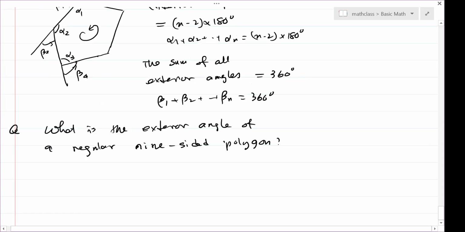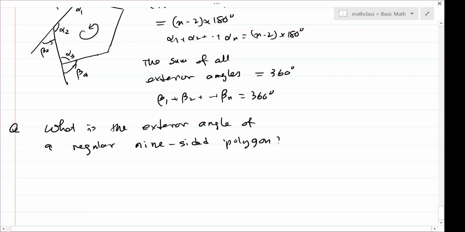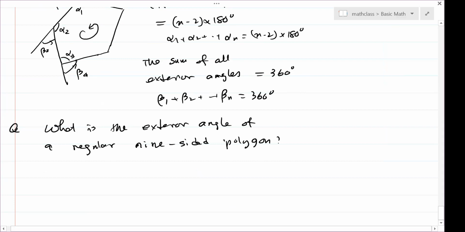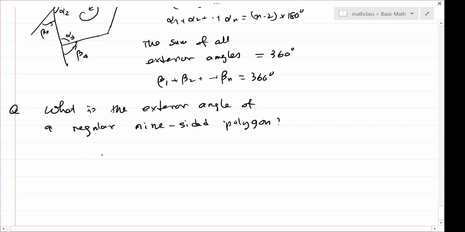Okay, so that's one of the questions I saw before. All right, so exterior angle. Okay, I just want to find one of them, not the sum.